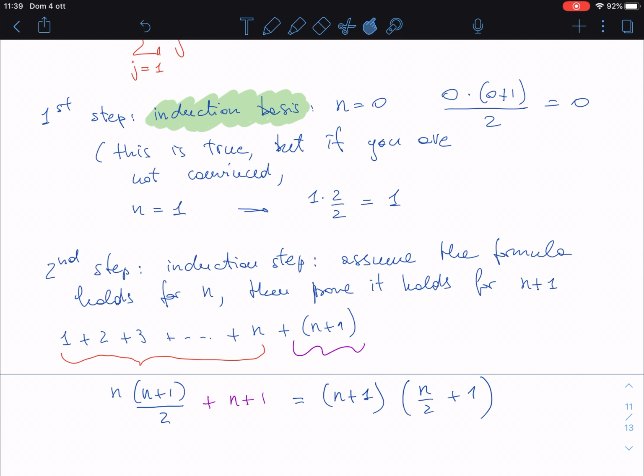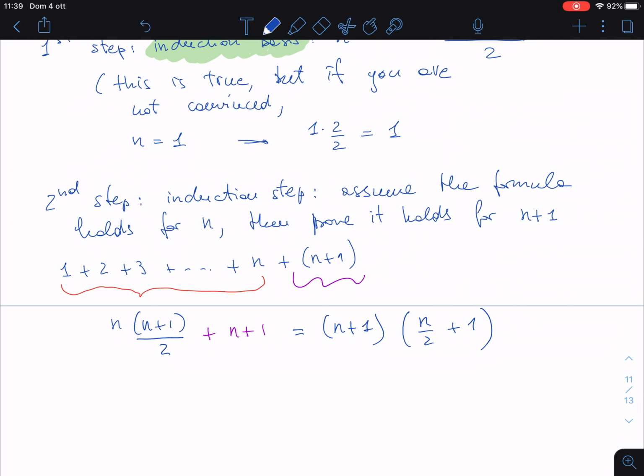The n over 2 term comes from here, n over 2 times (n plus 1), and the 1 comes from here. When you collect out this n plus 1, you end up with a 1 here. So develop the computation, and you have (n plus 1)(n plus 2) over 2.